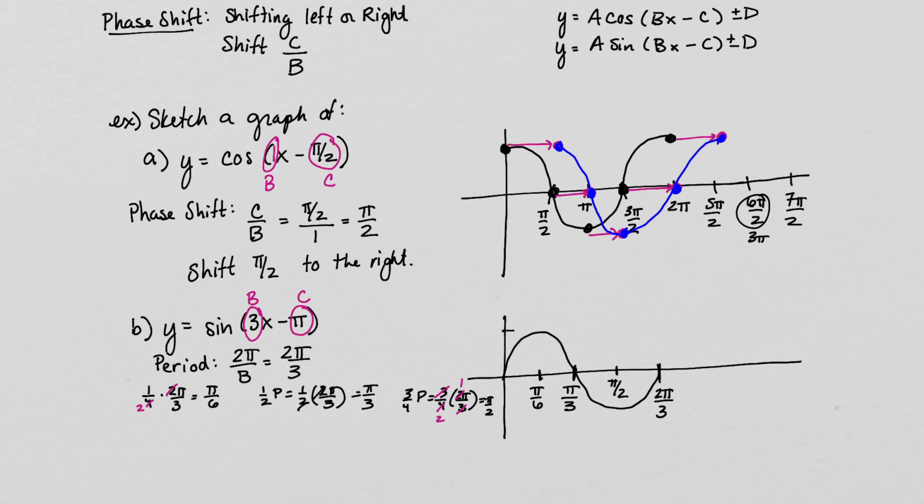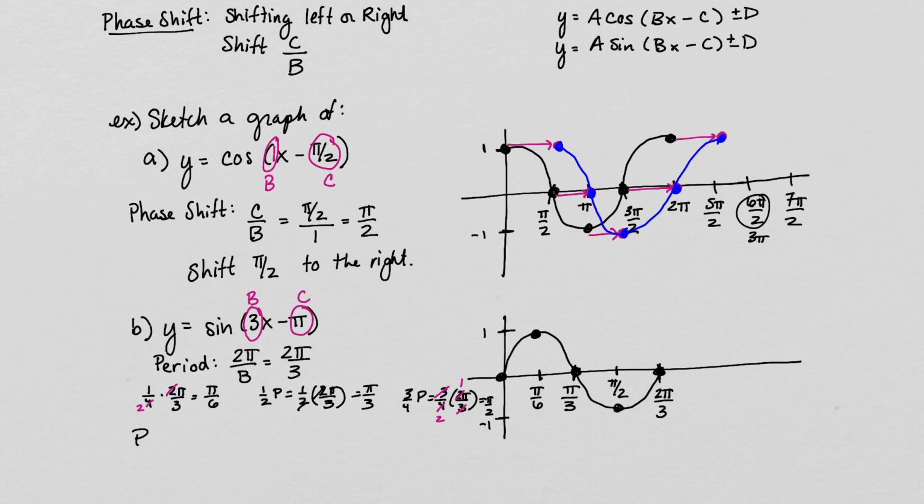And I didn't change the amplitude, and I should have labeled that over here. This is 1, and this is -1. So same thing, 1 and -1. And I've got my 5 dots. So all I've done so far is I have made the sine curve, and I took care of the period and the amplitude.